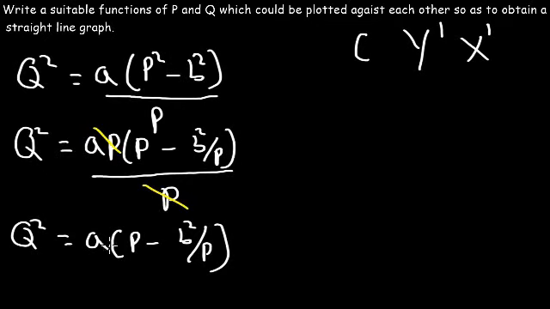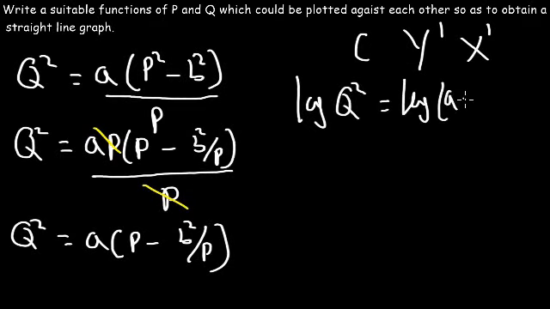Now at this point, since we have product and exponents, let's introduce logarithm to get rid of them. Though we are having subtraction, that doesn't stop us from using logarithm. So taking the log of both sides, log of q squared will be equal to the log of a multiplied by p minus b squared over p.